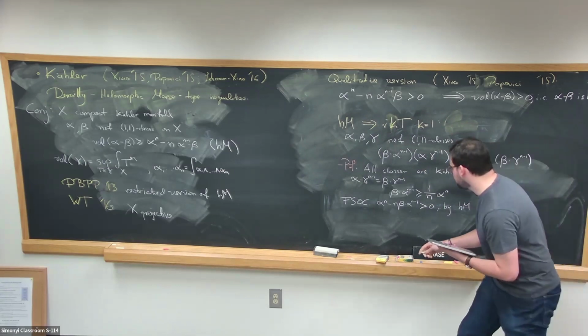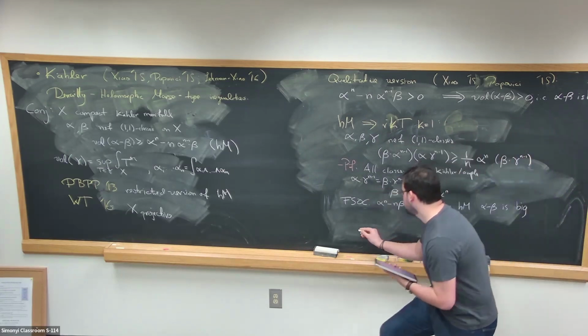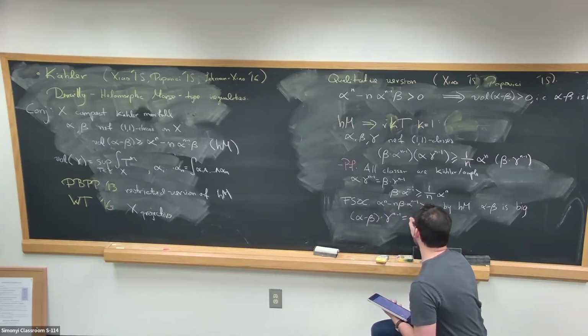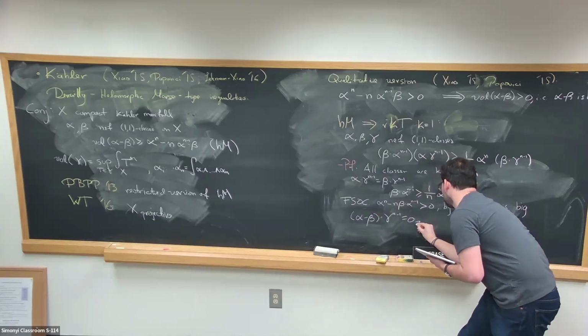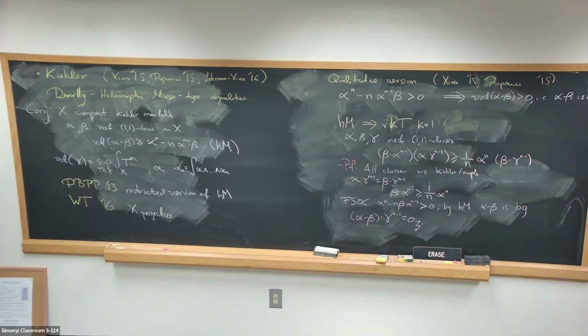But however, since we assumed this over here, we have that alpha minus beta to the gamma minus 1 is equal to 0. And this is a contradiction to this guy being big. Why is it a contradiction?